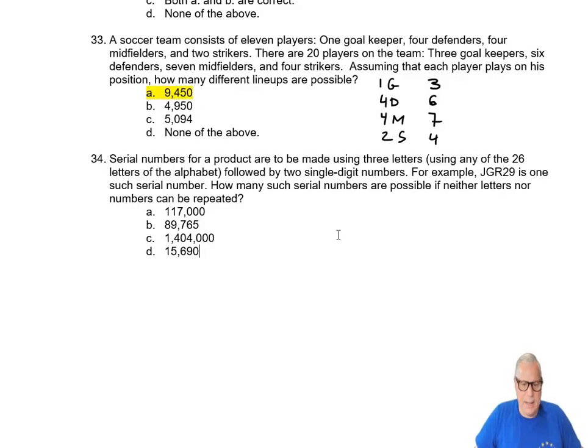Okay, so this should be the last question. Serial numbers for a product are to be made using 3 letters, using any of the 26 letters of the alphabet, followed by 2 single-digit numbers. For example, JGR29 is one such serial number. How many serial numbers are possible if neither letters nor numbers can be repeated?